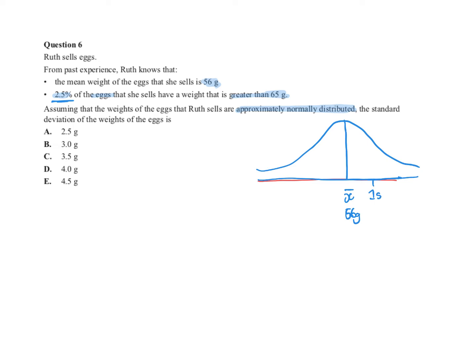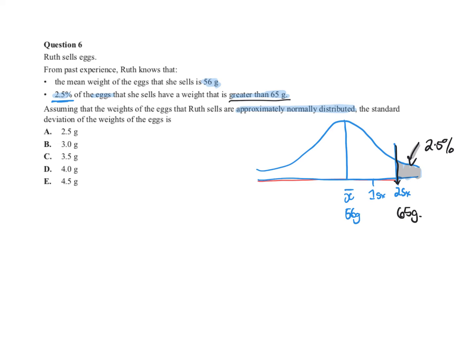Now, if you go up 1 standard deviation and 2 standard deviations, this pocket up here, above 2 standard deviations, is actually 2.5% of the data. So we would know that above this line is 2.5%. So they said 2.5% have a weight greater than 65. So I know that's 65.